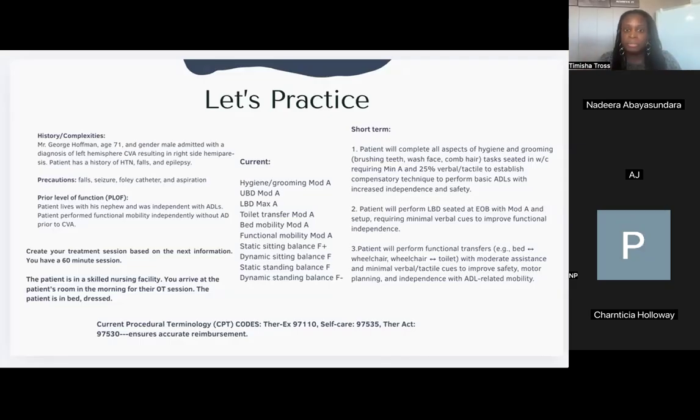Next part, I'm going to pick self-care as my CPT code that I'm going to document this small portion of my writing into, because one of the goals here, as you can see in the short term, that I'm going to address is upper body dressing.